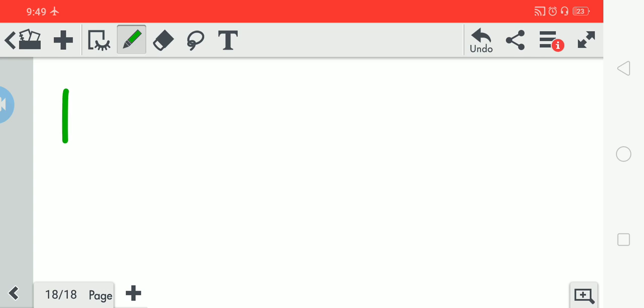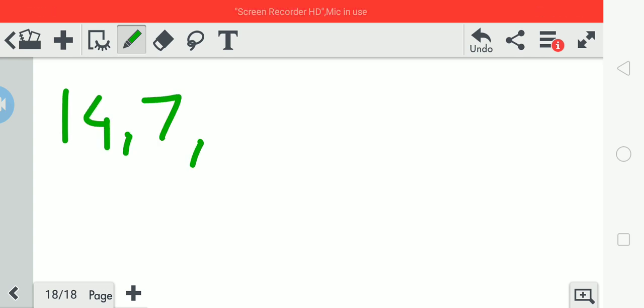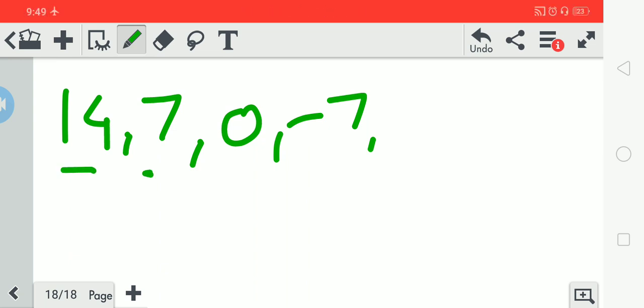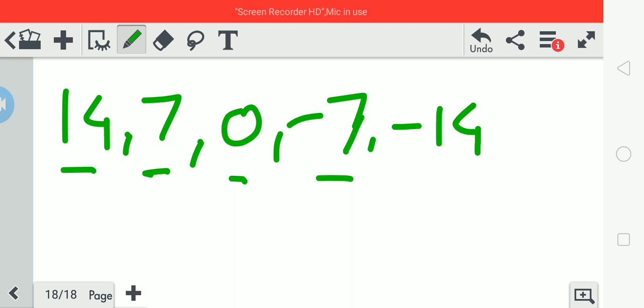Suppose you identify the difference here, or simply the table of 7 is given, right. So 14, 7, 0, minus 7, here a difference of 7, so it will become minus 14, after that minus 21.